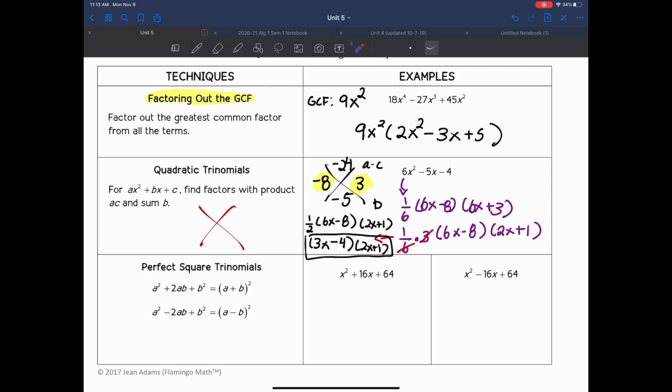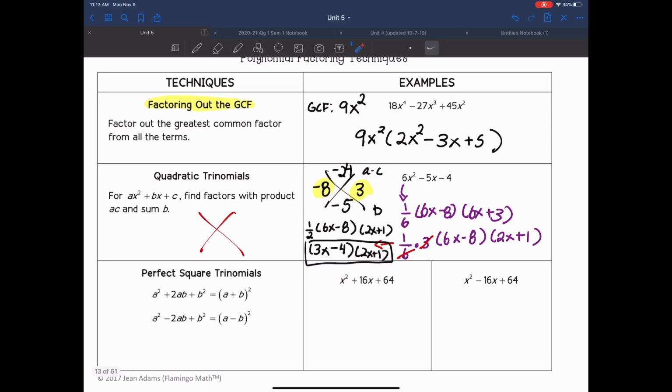So we know how to factor perfect square trinomials using these two formulas. We talked about this in a previous lesson. Now, the way you know you're looking at a perfect square trinomial is if you have something squared on both ends. So in this case, this would be x squared on the left-hand side, and this would be 8 squared on the right-hand side. So two things that are squared on the ends, and then the middle is going to be the product of both of these things, the square root taken of them.